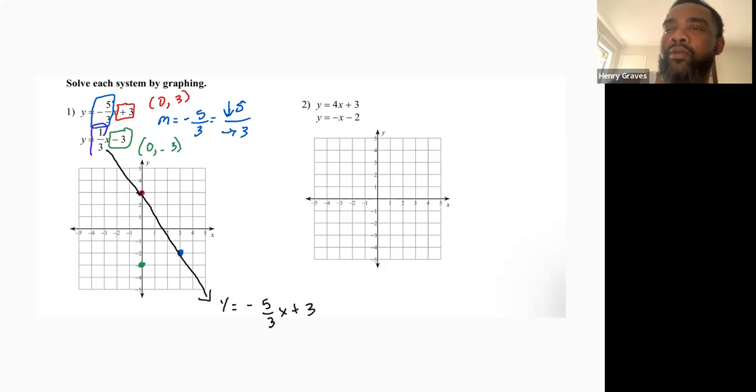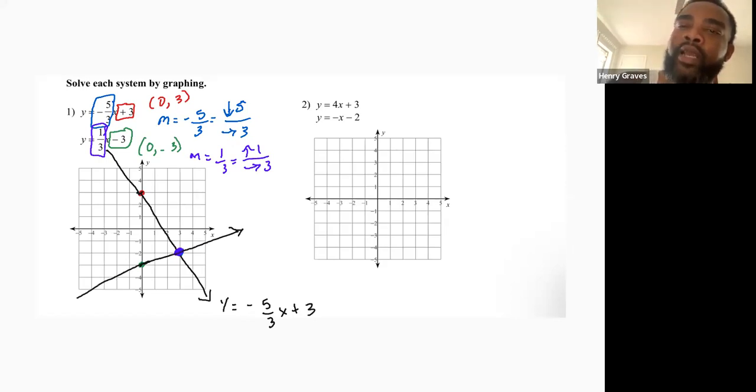M equals 1/3, so I'm going to go up 1 and right 3. Look where they intersect. They intersect right there. So that's my equation for y equals 1/3 x minus 3.